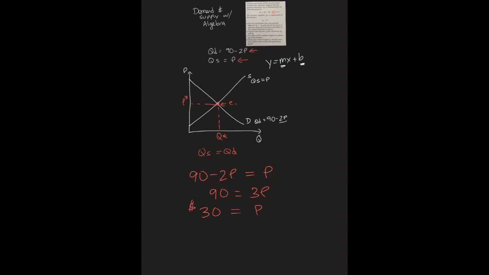Now, we simply use the quantity supplied equation to substitute: Qs is equal to P, therefore Qs is equal to 30. So our equilibrium values are quantity 30 and price $30 at equilibrium.